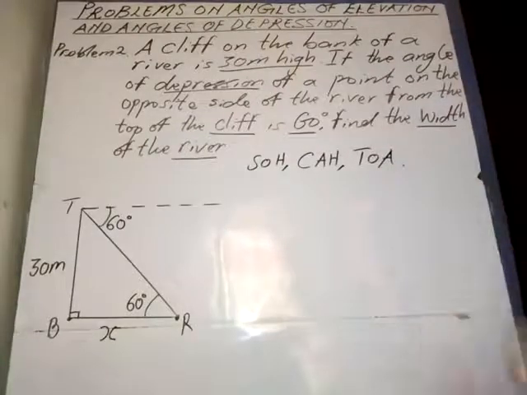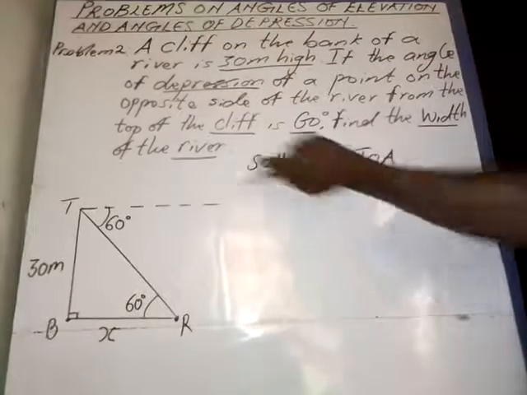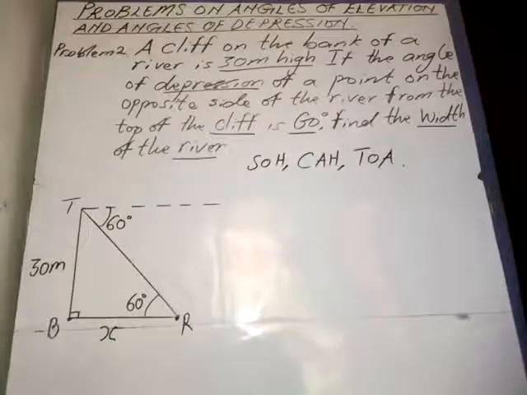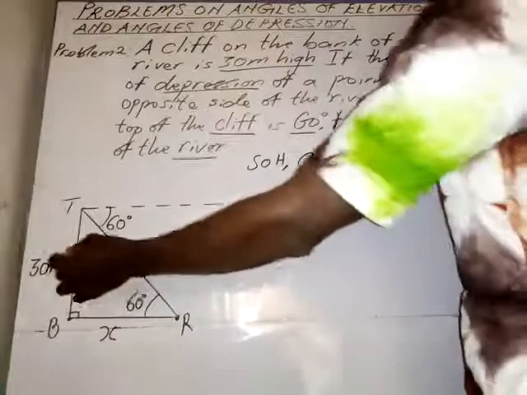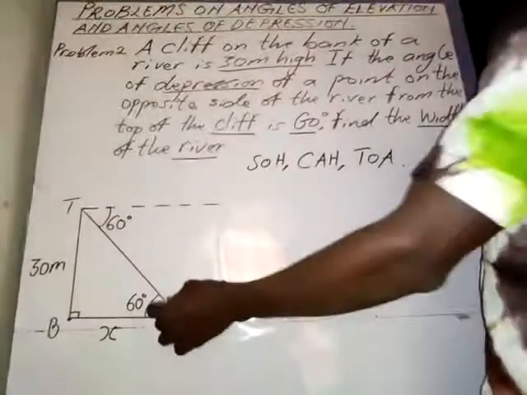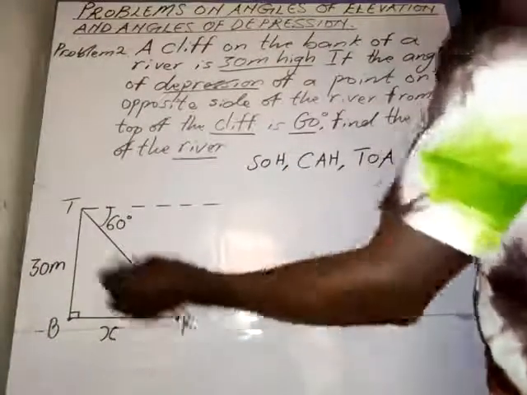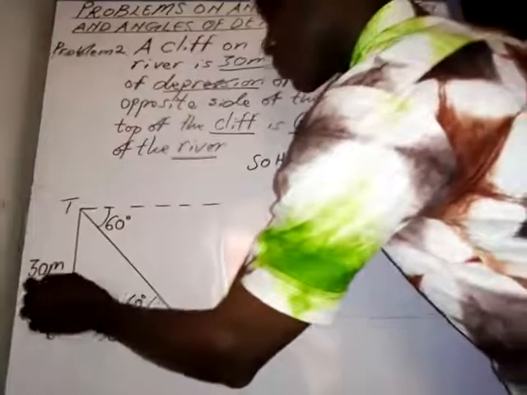So which one are we going to use among these three terms from trigonometric ratio? Alright, so here we have the opposite, we have the angle, and we have the adjacent. This is the opposite side of the right angle triangle.